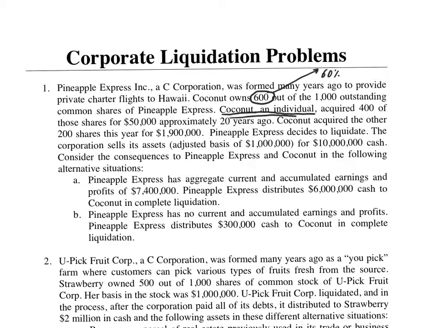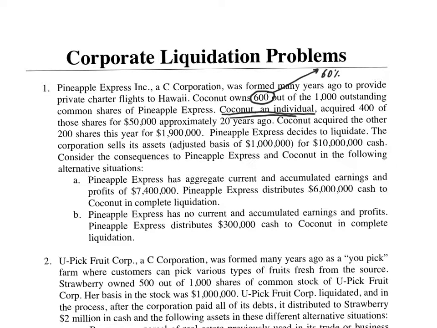So the special rule I mentioned, that we're going to see more about next class, I'll go over it in the checklist next class: you have to have at least one corporate shareholder, and the corporate shareholder has to own 80% or more. So since Coconut is an individual, we don't care who the other shareholders are. The special rule is not going to apply to anybody. Why?